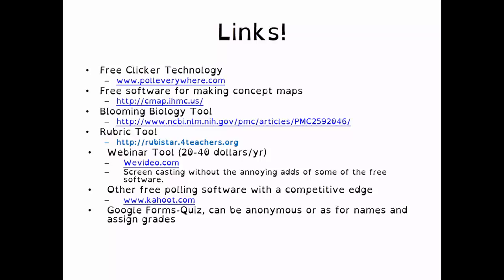So if you want to record videos and embed them for your students to watch before class, it costs $20 to $40 a year, but it doesn't have all the annoying ads that the free webcasting software has. The free ones have terrible ads at the bottom, and they can be interrupted with commercials in the middle of your webcast. This one does not have it, and $20 to $40 a year is not that much for you, and it's free for your students once you embed it.